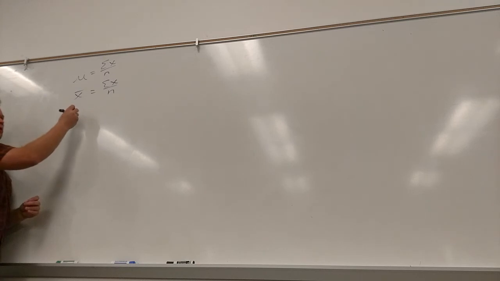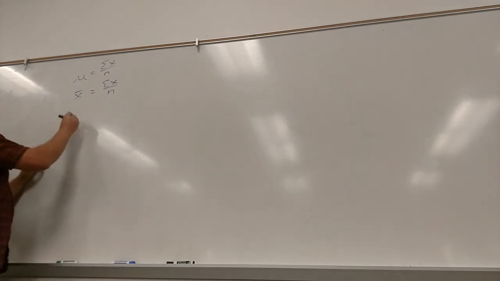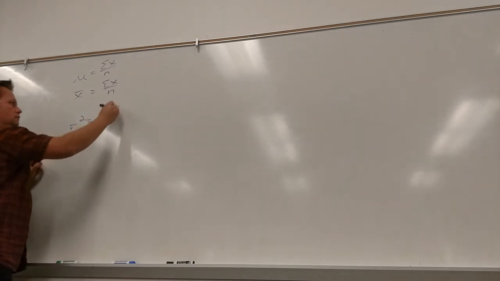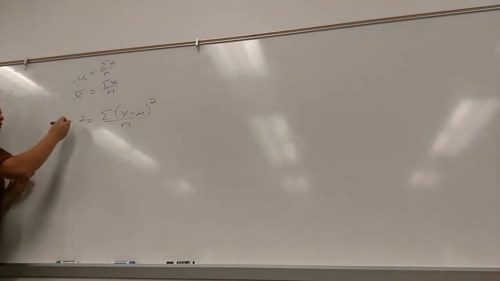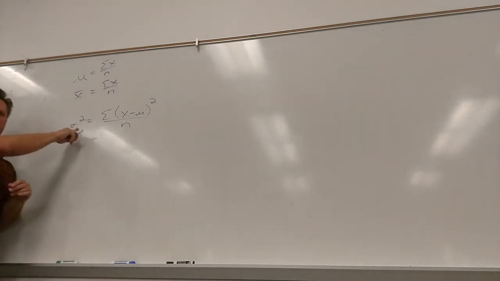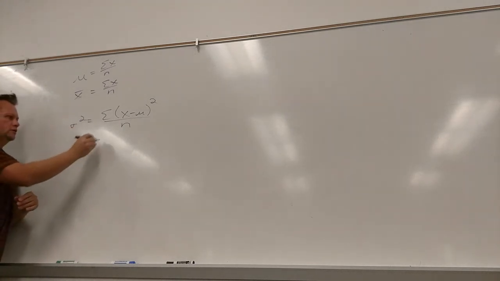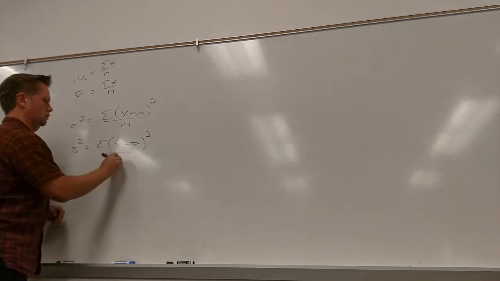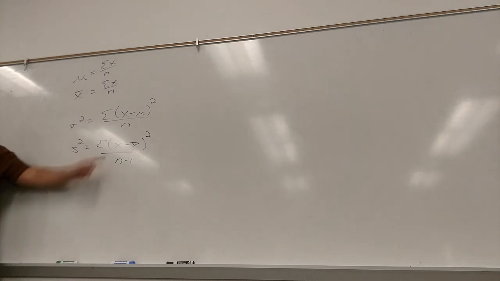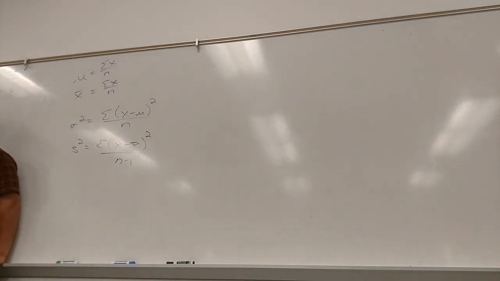And then, of course, we had standard deviation. This is one for the population. This is variance, population variance, and then the sample variance. So those actually have a difference in the formula, right?